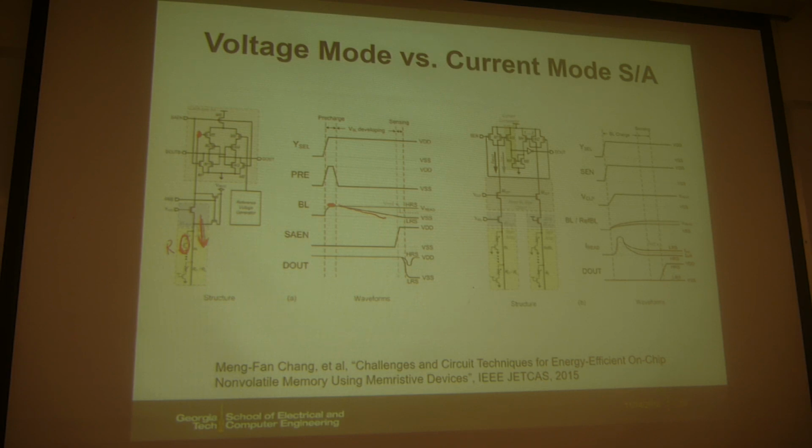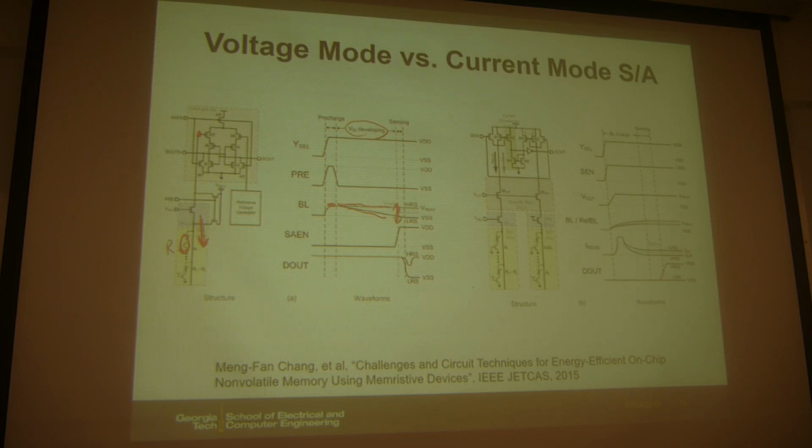If current is small, you will decay this node slower. So you need to wait for some time to develop the bit line voltage. So essentially you want to open this window between those 2 states. If you are sensing on and off state, then the decay speed will be different. Then after you wait some time, you have a voltage difference between those 2 states.